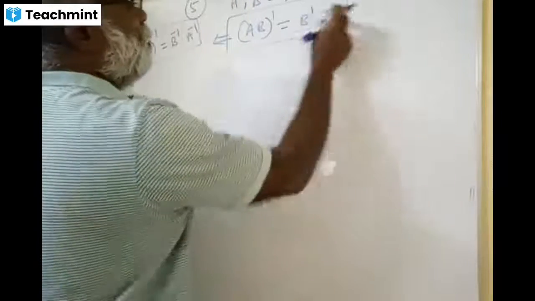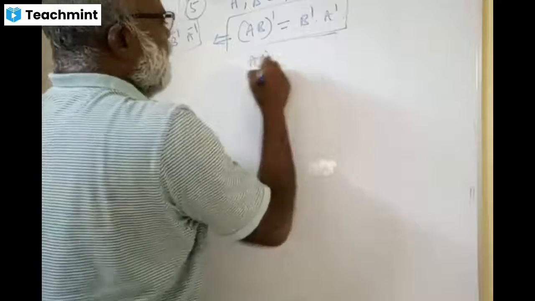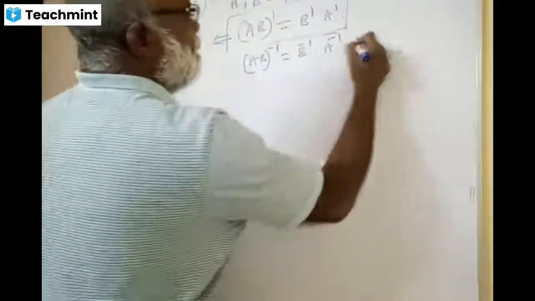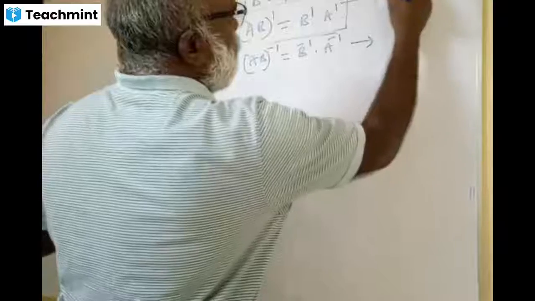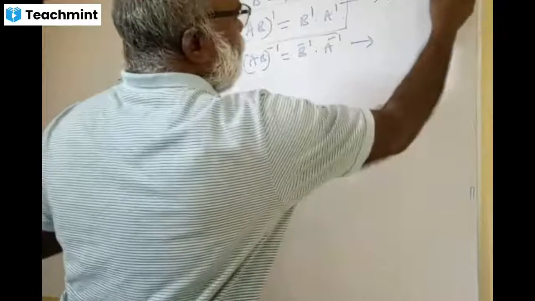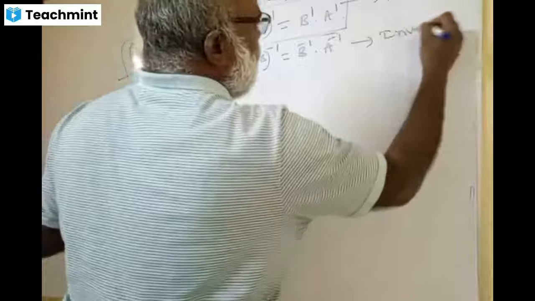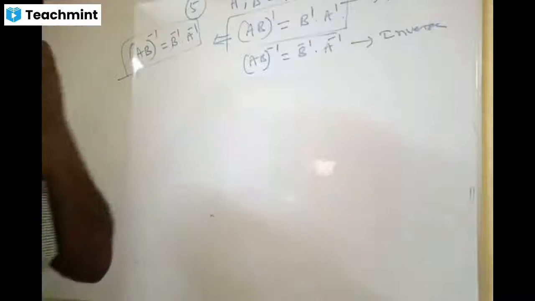AB transpose is B transpose, A transpose. AB inverse is B inverse into A inverse. This is called transpose. This is called inverse. Is it clear?